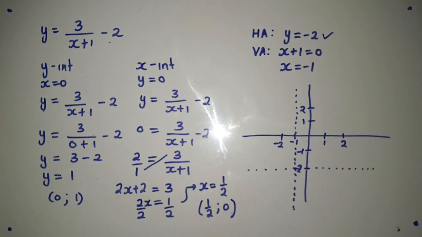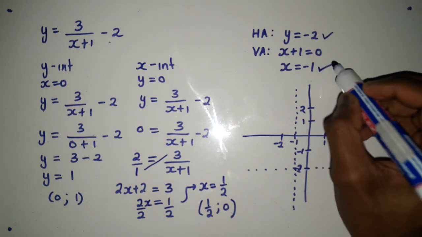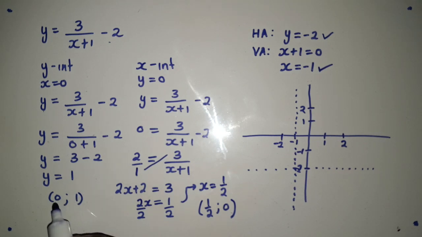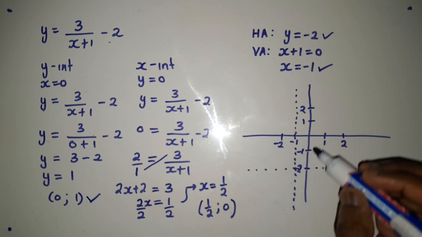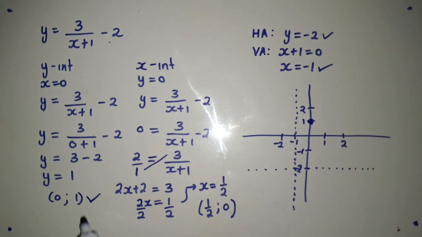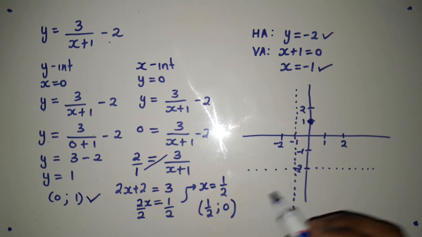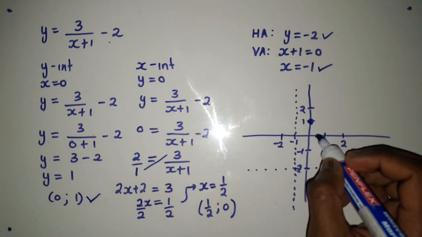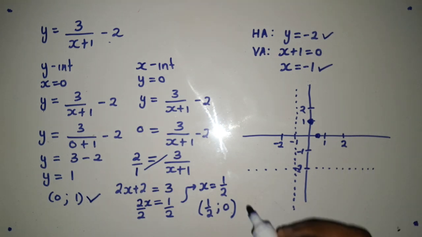As for our y-intercept, we have (0, 1), which is going to be somewhere here. We are done with this. Let us plot our x-intercept, which is (1/2, 0), somewhere here. Then we are done.